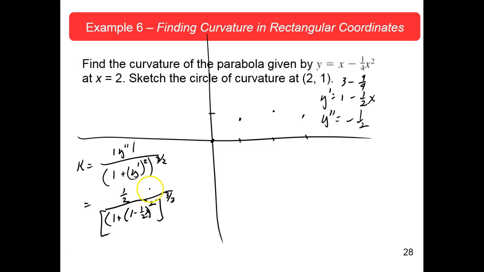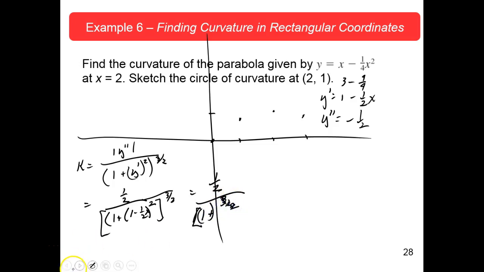Okay, this will be 1/2 over 1 plus, let's see, I'll get my parentheses right, and this will be 1 minus 1/2, and your x is 2, so that'd be 1. So yeah, that comes out being the 3/2.